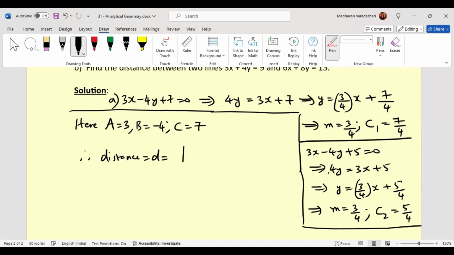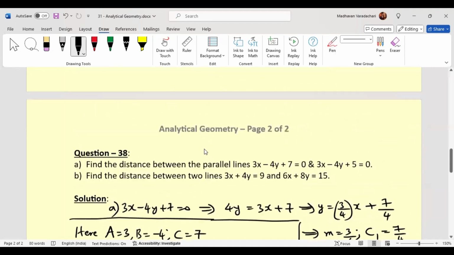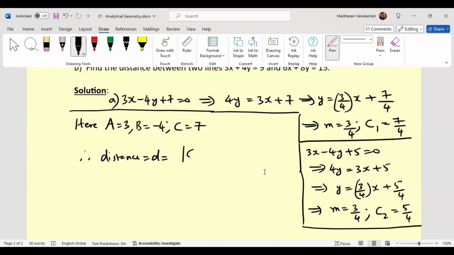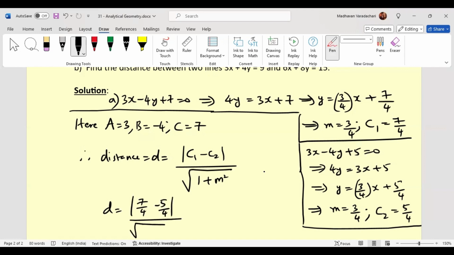So now for the distance, we just now had the formula: modulus of C1 minus C2 divided by square root of 1 plus m square. So therefore D is equal to modulus of 7 by 4 minus 5 by 4 divided by square root of 1 plus m square.